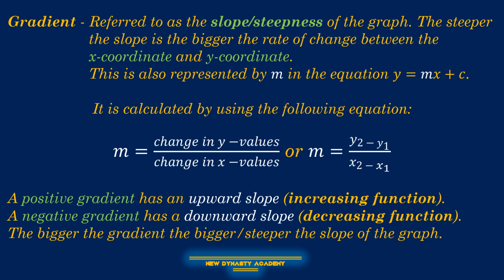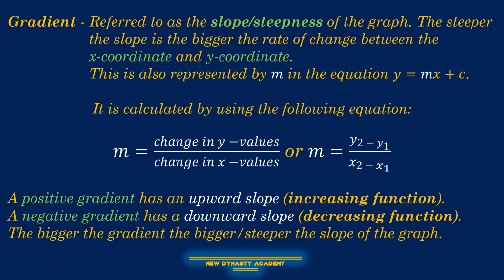Or in short form, you can just say the gradient, which is m, is equal to (y2 minus y1) divided by (x2 minus x1). So these are the x and the y values from the two given points. So it means for you to be able to calculate the gradient, you need 2 points. As you can see, there's a y1 and y2, x1 and x2. So you need 2 points to use this equation.